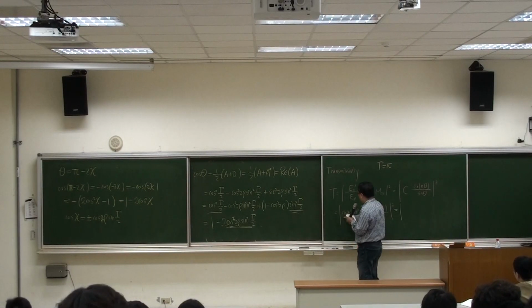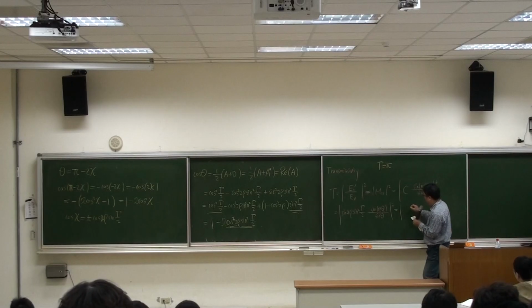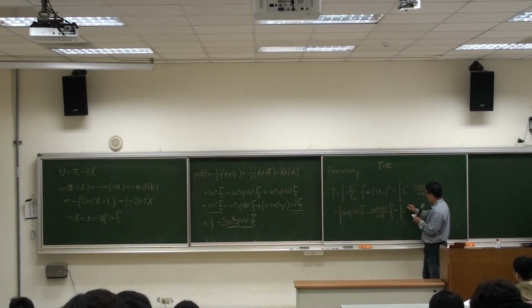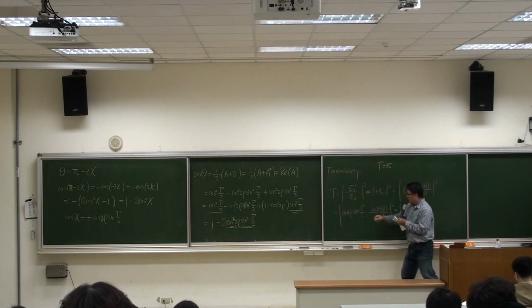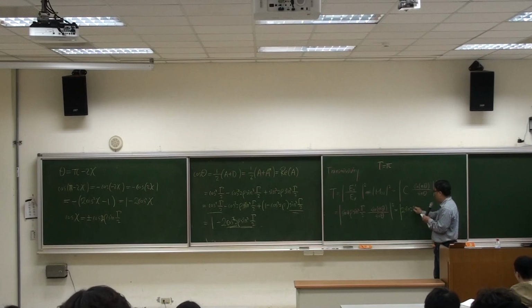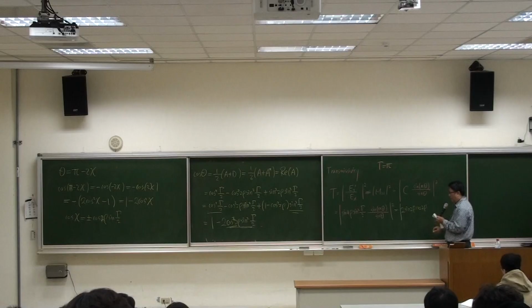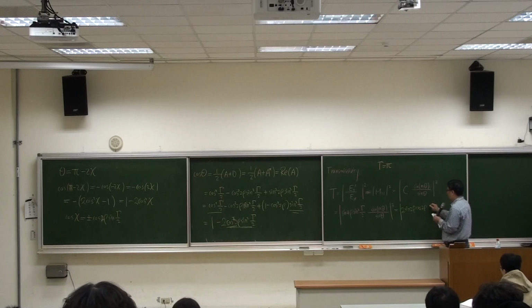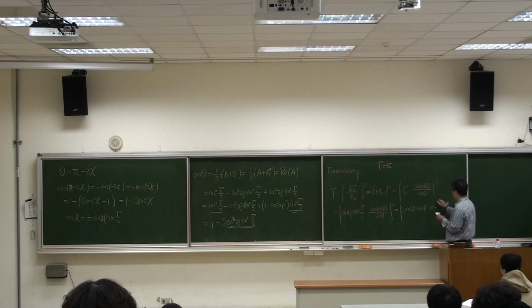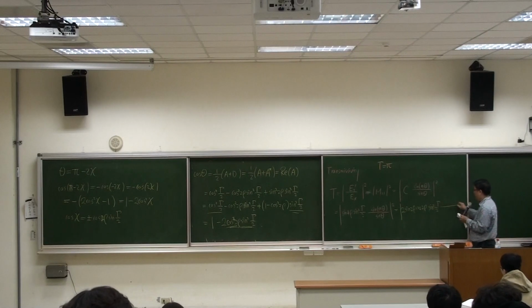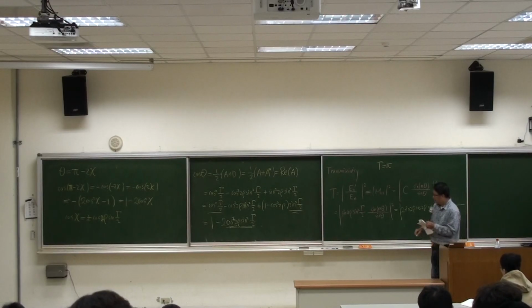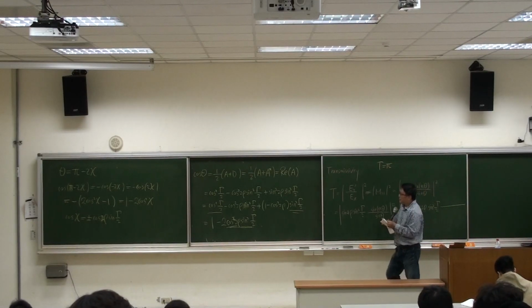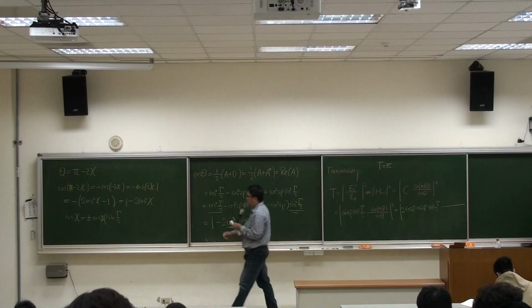What is sine 2 rho? Sine 2 rho is 2 sine 2 rho cosine 2 rho times sine square half gamma. Okay. And sine theta, what is sine theta?